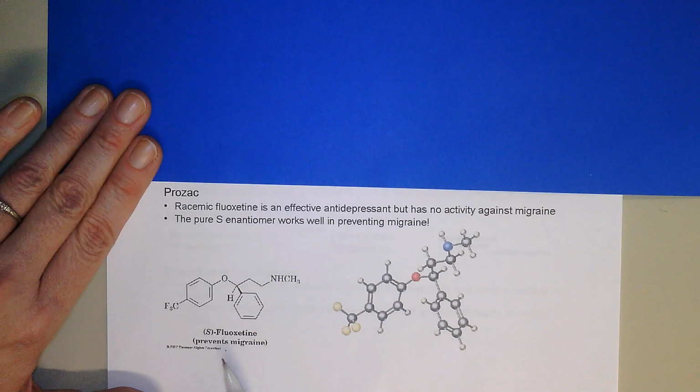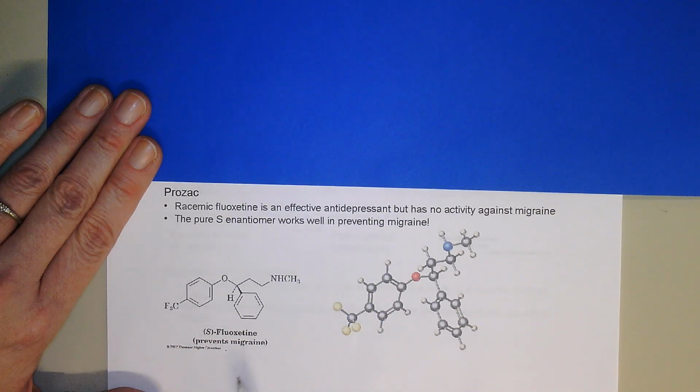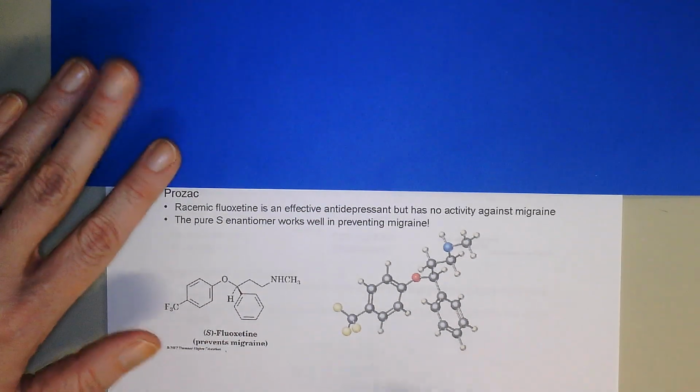But the S-fluoxetine will actually prevent migraine, while most of the time you just have a mixture of S and R. The S and R mixture together works well as an antidepressant, but if you can separate out just the S, you'll end up with a medicine that can prevent migraines. Obviously, separating these two enantiomers is a very big task, so Prozac is significantly cheaper than S-fluoxetine. S-fluoxetine takes a lot to resolve that enantiomeric mixture.